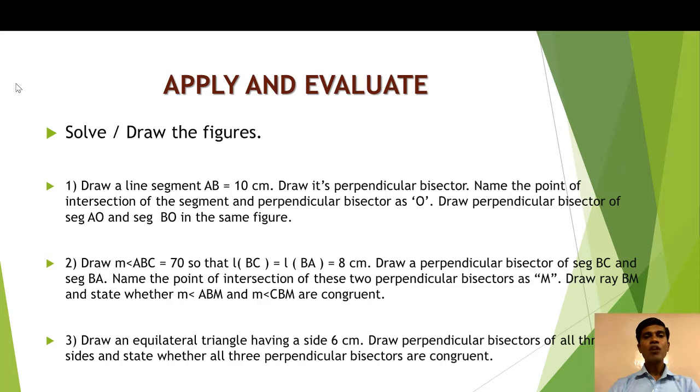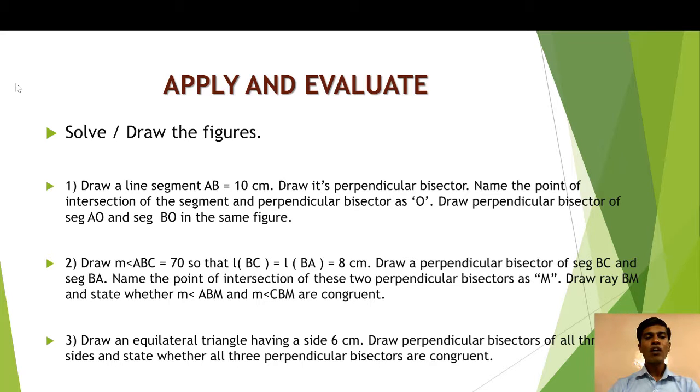Second one: draw measure of angle ABC equal to 70 degrees so that length BC equals length BA equals 8 cm. Draw a perpendicular bisector of segment BC and segment BA. Name the point of intersection of these two perpendicular bisectors as M. Draw ray BM and state whether measure of angle ABM and measure of angle CBM are congruent.